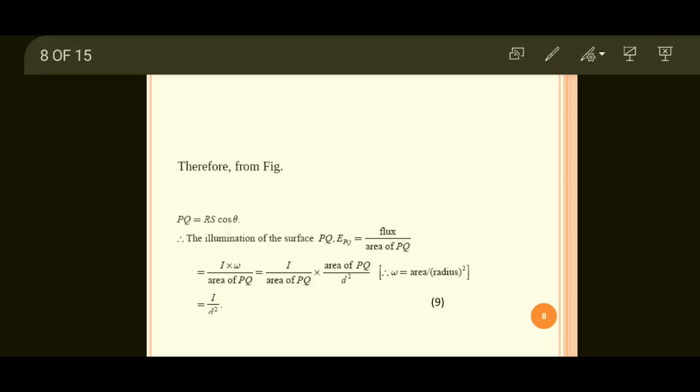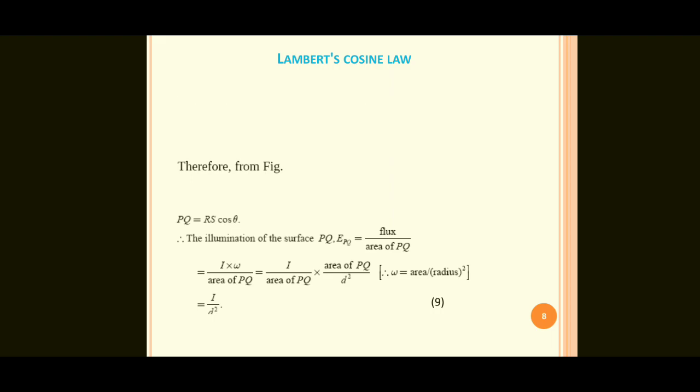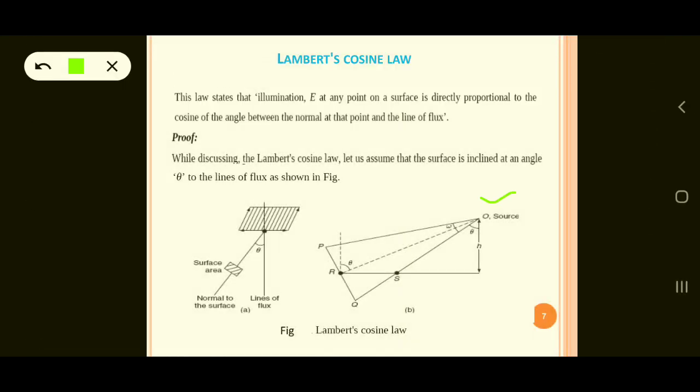Next, let PQ be the surface area normal to the surface and inclined at theta to the vertical axis, and RS the surface area normal to the vertical axis and inclined at an angle theta to the source O. Here O is the source.